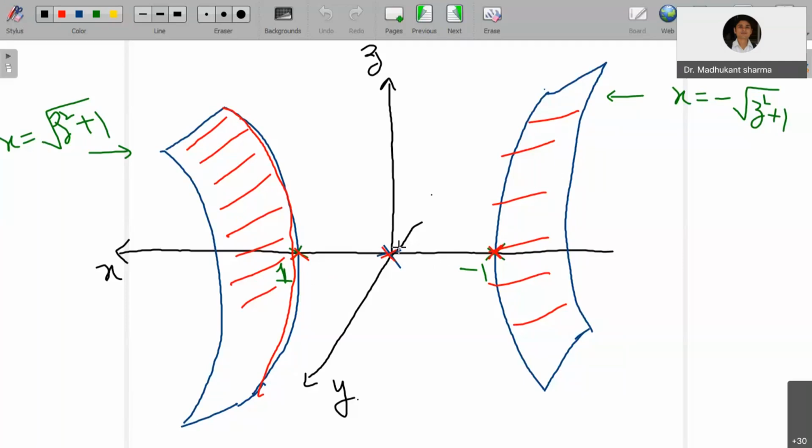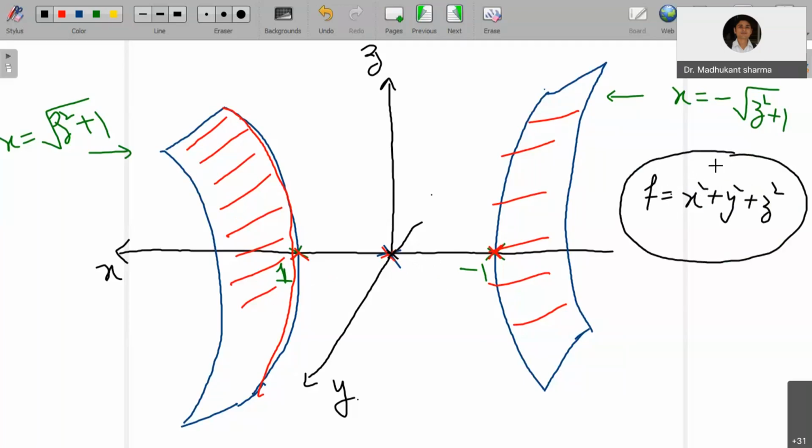Now, what we can do alternatively is this. The point on the surface which we are looking for is subject to the constraint, that is, x square plus y square plus z square. This is the shortest distance formula, that's okay. But the thing is, it looks like a part of a sphere. If you put it equal to a square, it is the equation of a sphere centered at the origin with radius a.